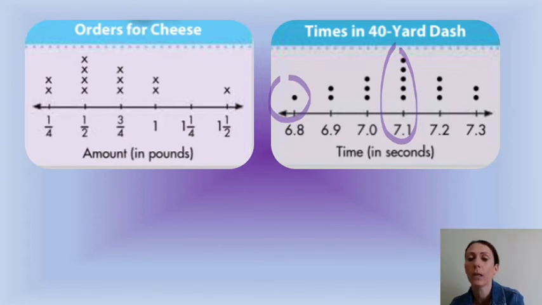What did you do to figure out that there were 5? Right, you counted the dots. There are 1, 2, 3, 4, 5 dots over top the 7 1/10 seconds. So that means that there are 5 people that ran the 40-yard dash in 7 1/10 seconds.